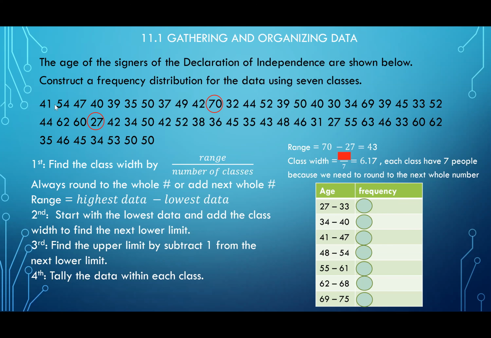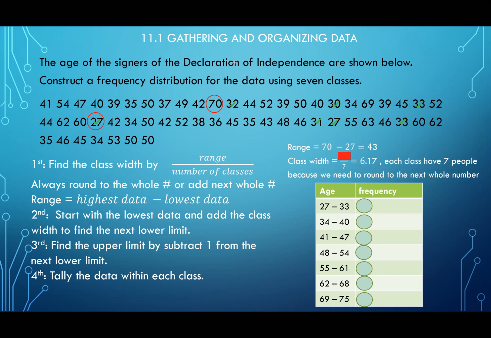So again, 27 to 33, this is what I have. 32 is one of them, right? So I have 1, 2, 3, 4, 5, 6, 7. So I have 7 people. Everybody see that I have 7 people.